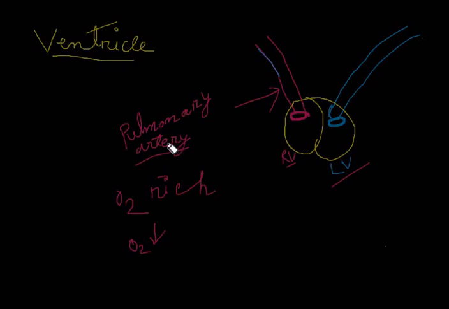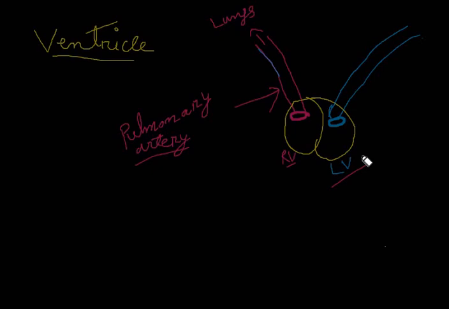All arteries carry oxygenated blood, but the pulmonary artery carries deoxygenated blood from the right side of the heart to the lungs.